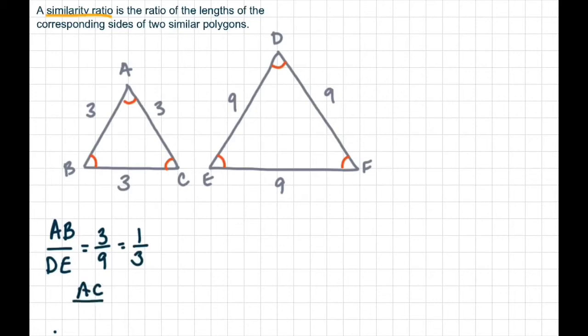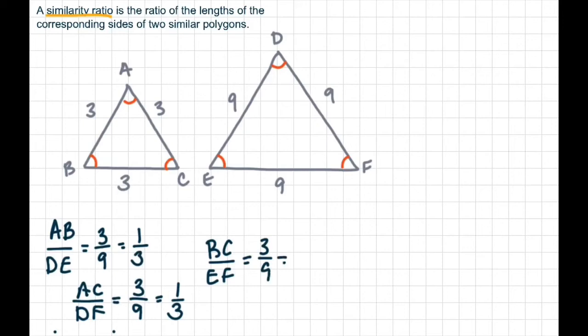This corresponds to DF, which is 3 over 9, 1/3. And the last one, most obvious, BC. Last but not least, BC goes with EF, 3 over 9, and 1/3. So if they ask me the similarity ratio between the two, then I would just say that it is 1/3.